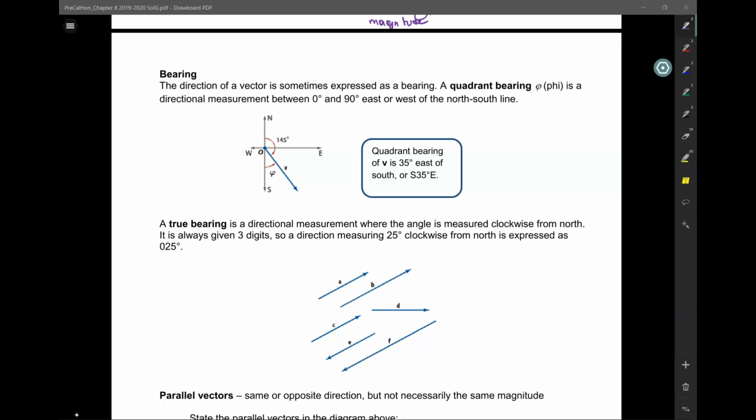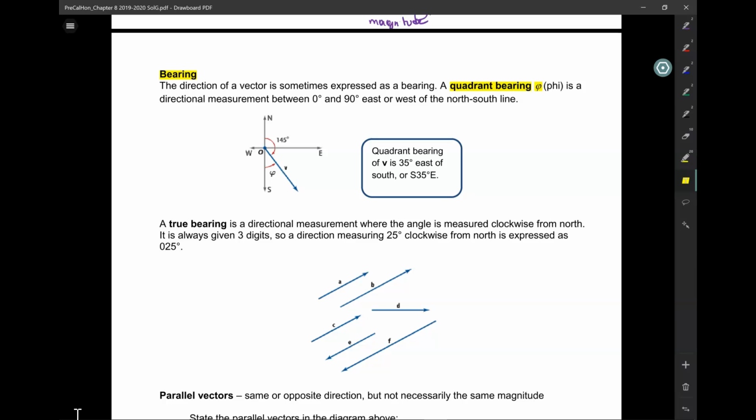They have their own way of measuring. And basically, it's called the bearing of a vector. So we have what we call quadrant bearing. And instead of theta, they use the letter phi, which is another letter in the Greek alphabet that gives you the f sound.